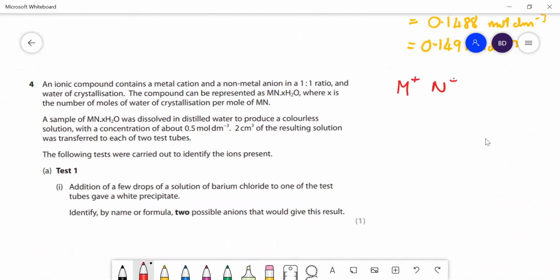So these are both +1, or they're both +2, or at a stretch +3, because they're in this ratio of just 1 M to 1 N. Right, and there's water of crystallization. The compound can be represented as MN.XH2O, where X is the number of moles of water of crystallization. A sample of MN was dissolved in distilled water to produce a colorless solution with a concentration of about 0.4. Okay, and the following tests were carried out.